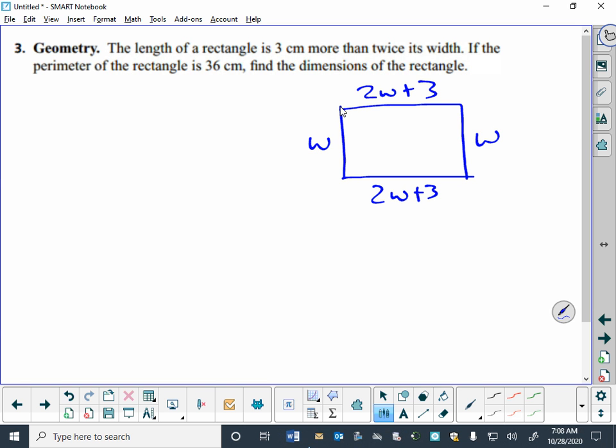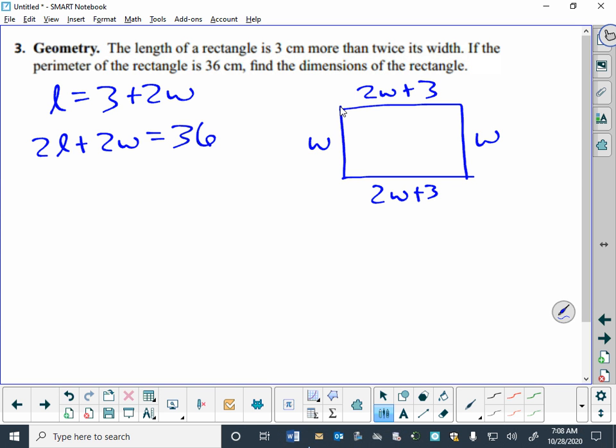The length is 3 centimeters more than twice the width. And normally for perimeter of a rectangle, that's 2 lengths and 2 widths. That perimeter is equal to 36. And we could solve this in a number of different ways here.